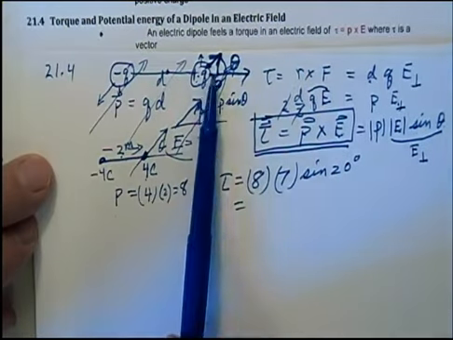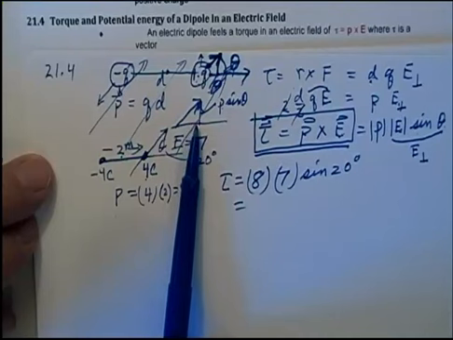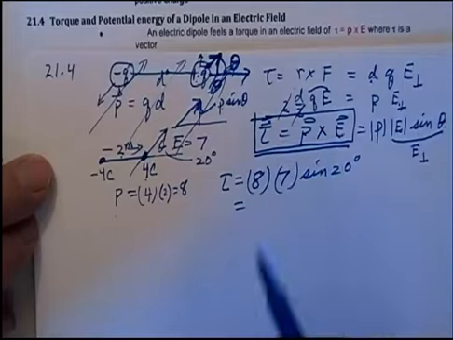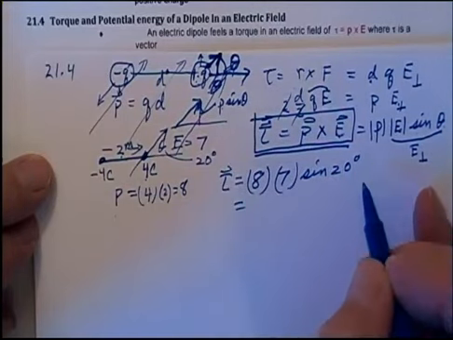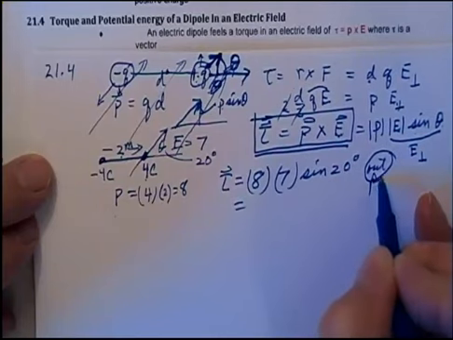So this particular case that I've drawn here would have a torque facing out of the page towards your face. So the vector nature is out of the paper.